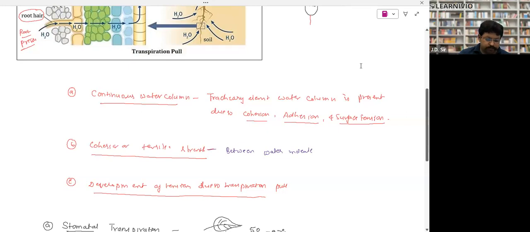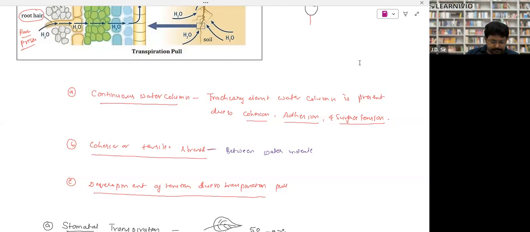The column of water does not fall down under the impact of gravity because forces of transpiration provide both energy and necessary pull. Full stop.